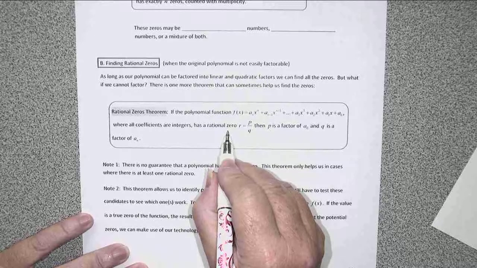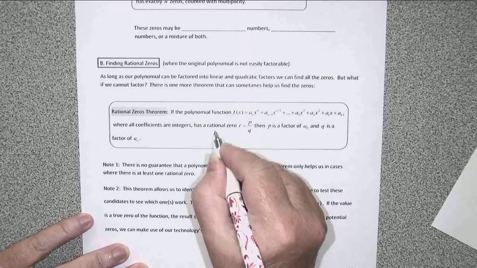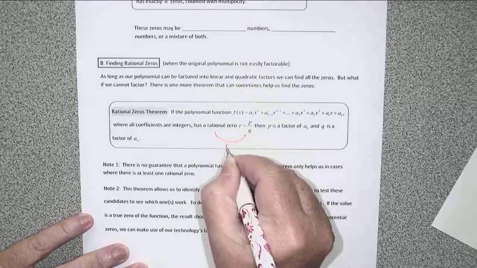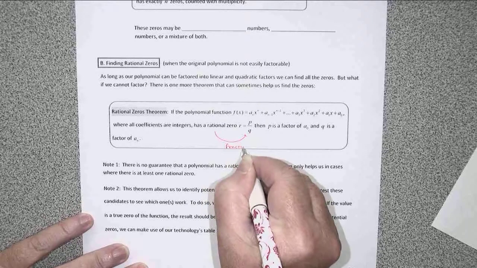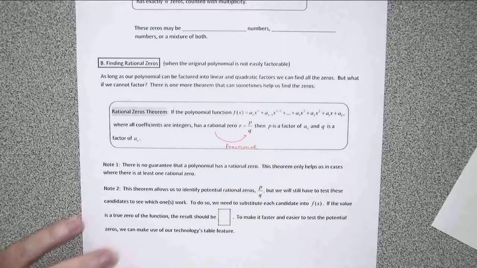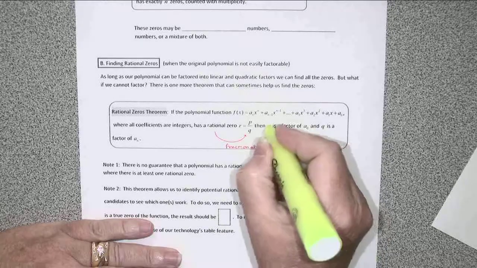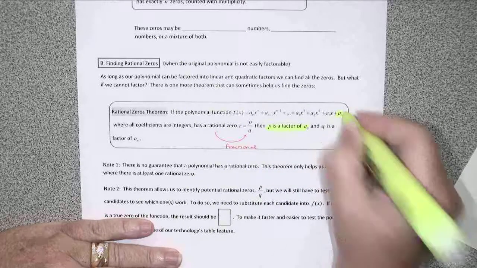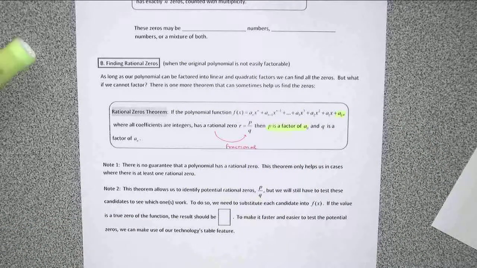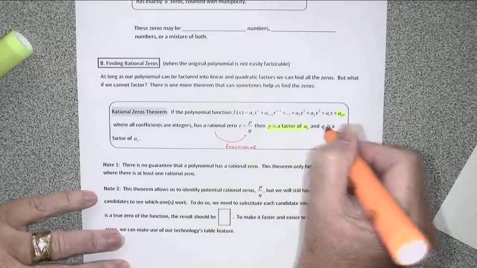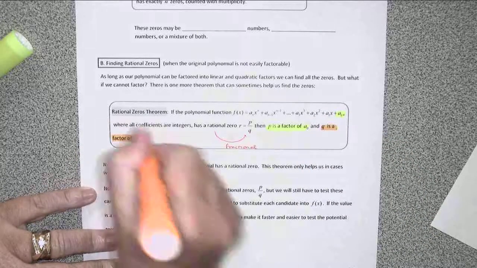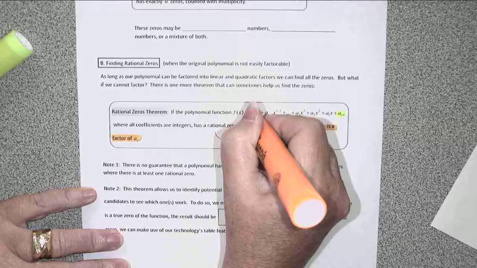If that has a rational zero, rational just meaning a fraction, then we can write it in the form P over Q, and P will be a factor of A0, which notice is the last or constant term. Q is a factor of AN, which notice is the leading coefficient.